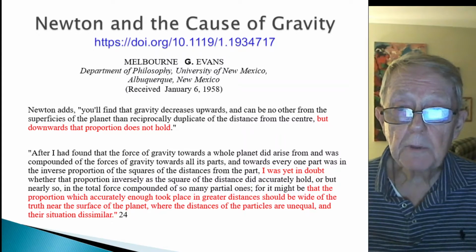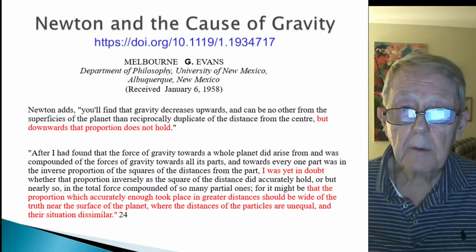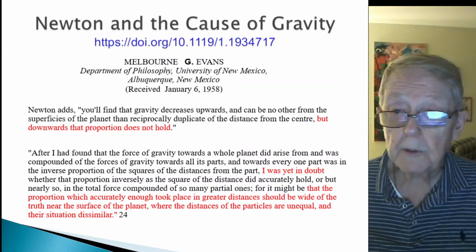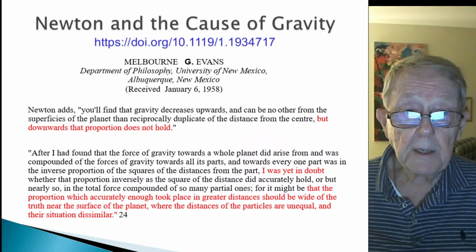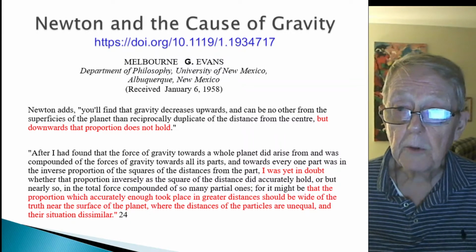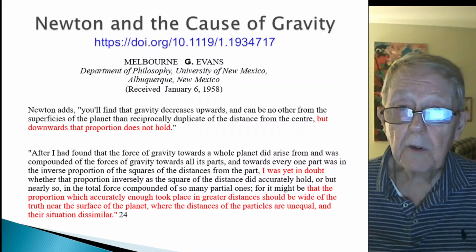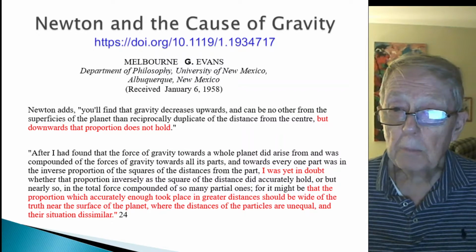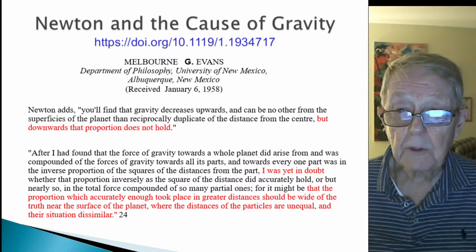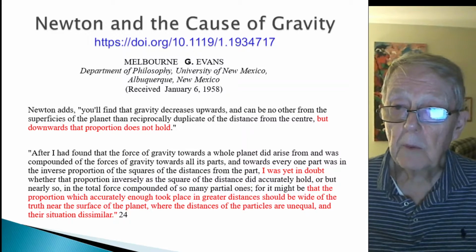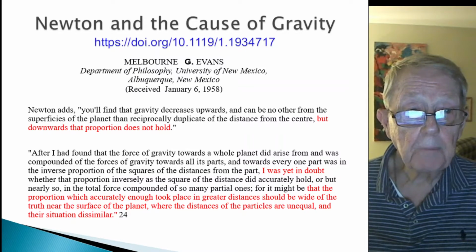In the paper, Evans goes through and researches very carefully and finds statements that Newton had made in various places, which relate to how precise is Newton's equation, what was his opinion of it, if you will.